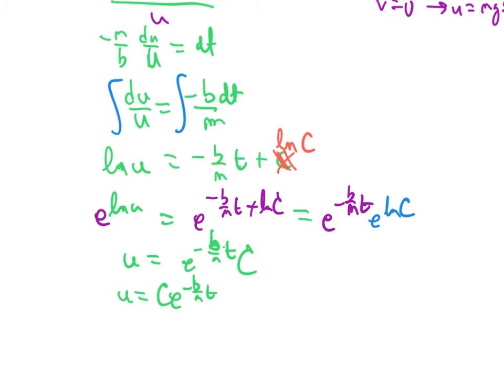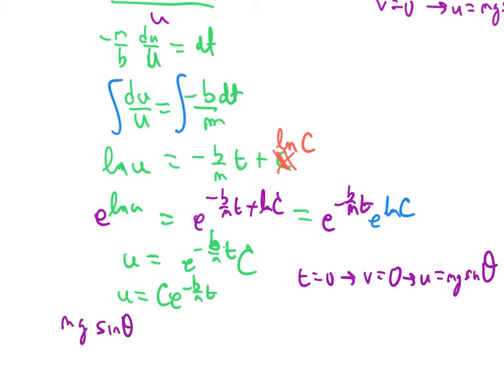All right, so when t equals 0, that implies v equals 0, which implies u equals mg sine theta. We had that earlier. So we can go over here and say mg sine theta is the constant we're looking for, times e to the minus b over m times 0.